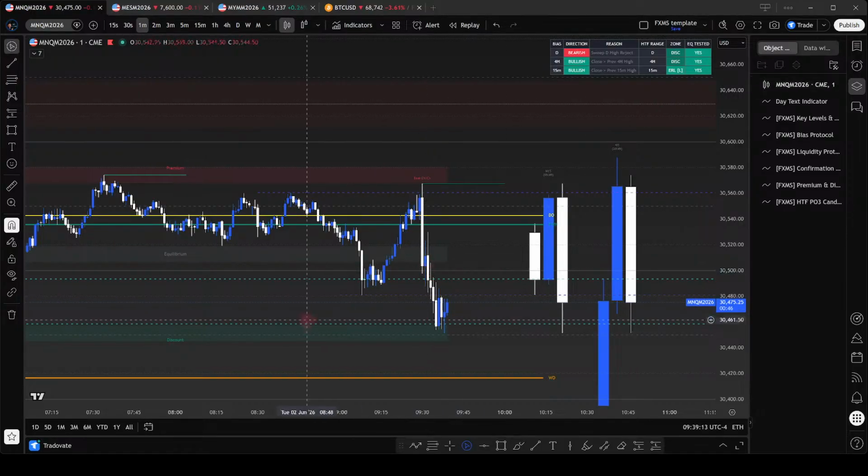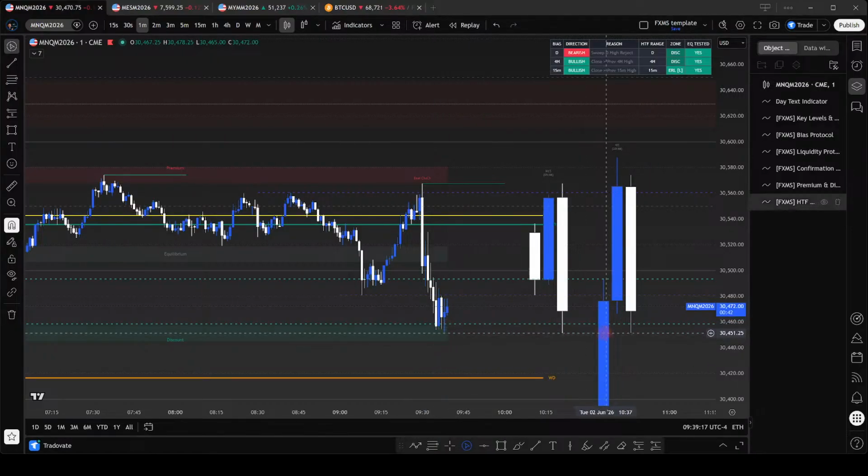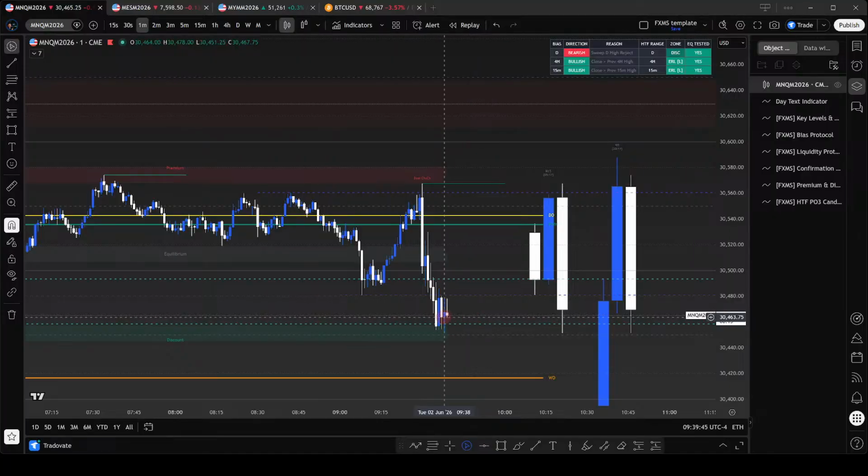Looks like we're gonna just narrowly miss the 50. Came down to 51.25. It looks like we are going to come down.